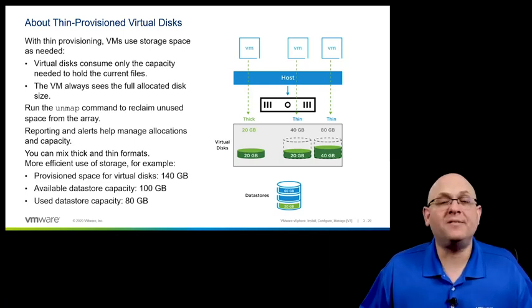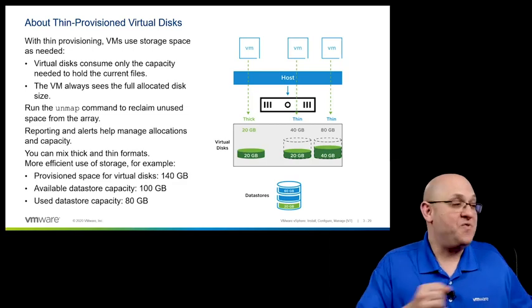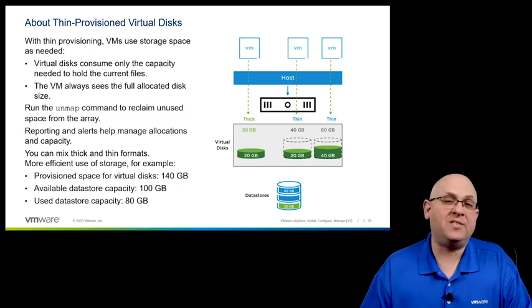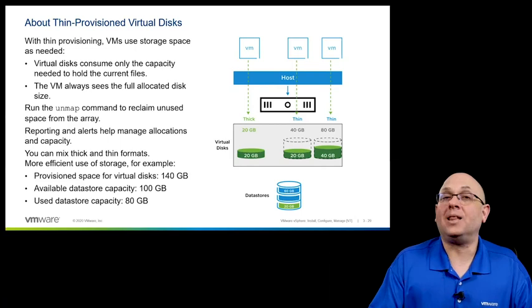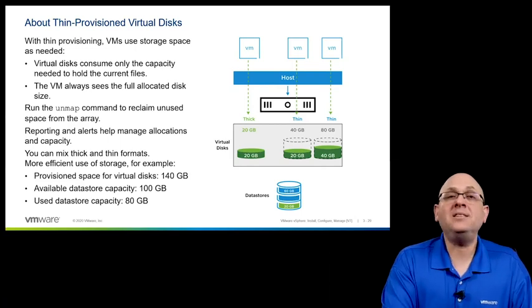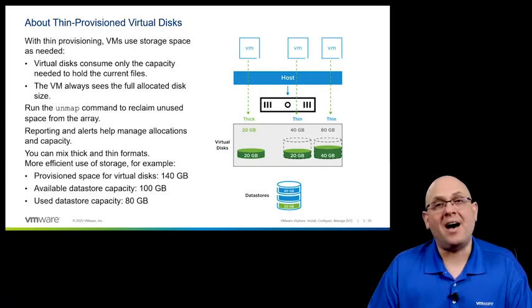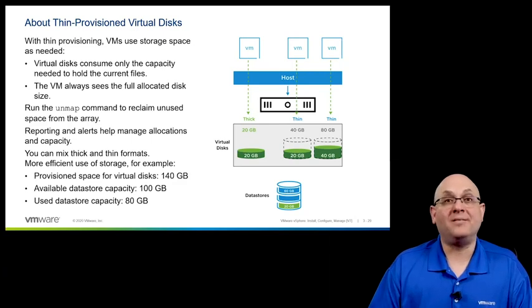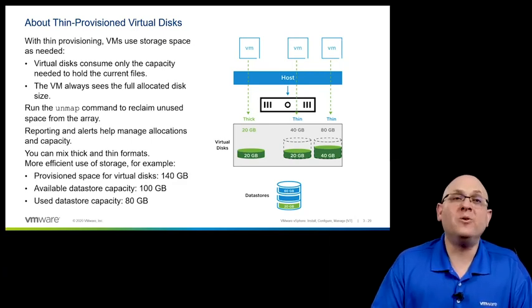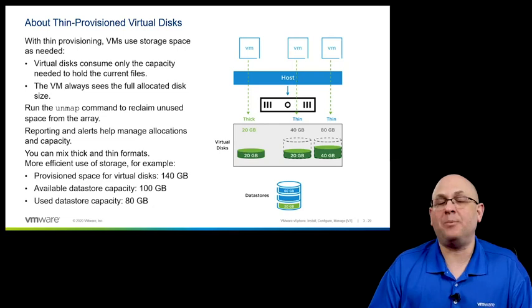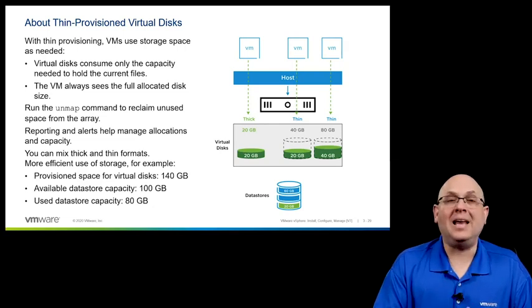So that's my job as a vSphere administrator. Now, VMware's job to help the vSphere administrator is to set alarms and alerts within vCenter to notify us when I might be running out of disk space. And we'll begin those notifications at 70 and 80%, or I think it's at 80% of full capacity on my data store.